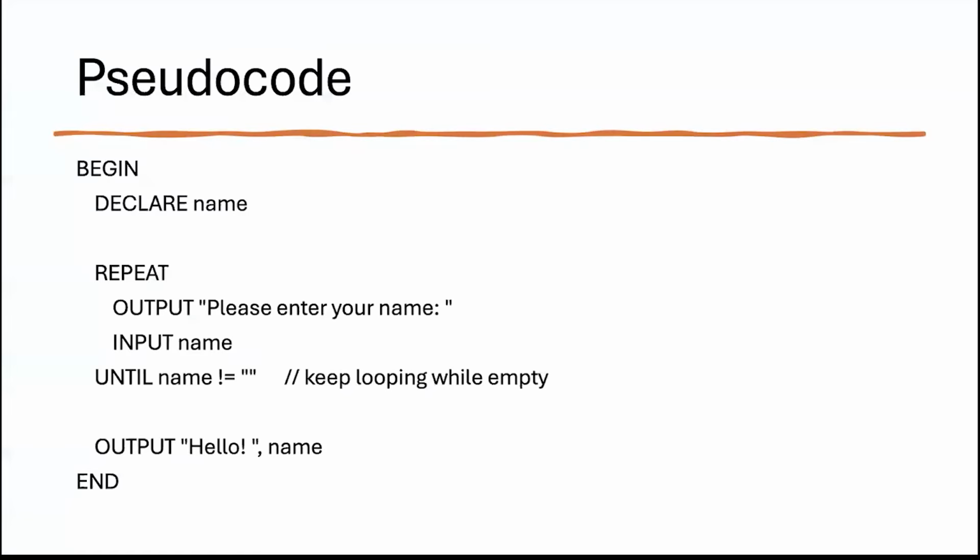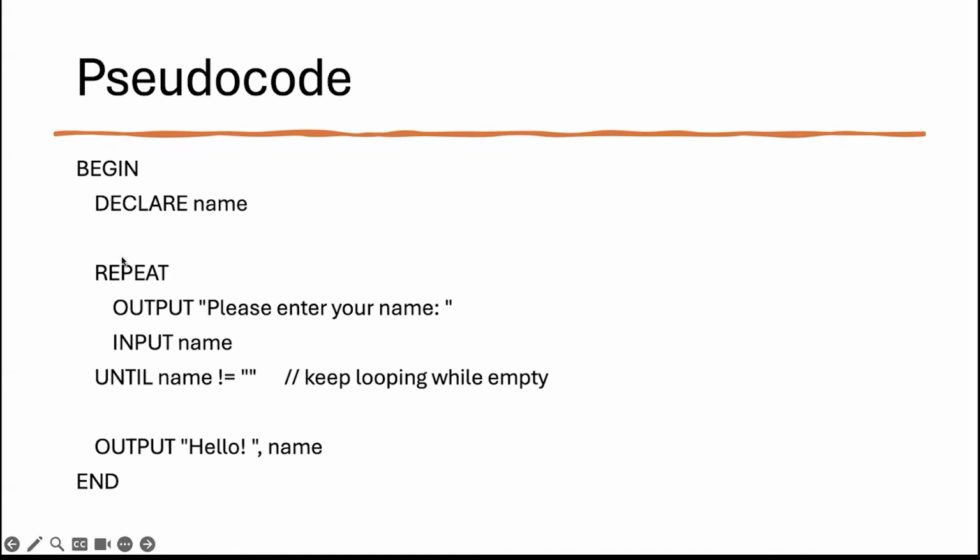We can also use pseudocode, which means it's close to code, but it's not the real code. It's just a way of describing the algorithm. In this pseudocode, it's basically like natural language, but in a more formatted way, using specific terms. So we begin the algorithm and declare name, which is a variable that we're going to use to remember the name entered by the user.